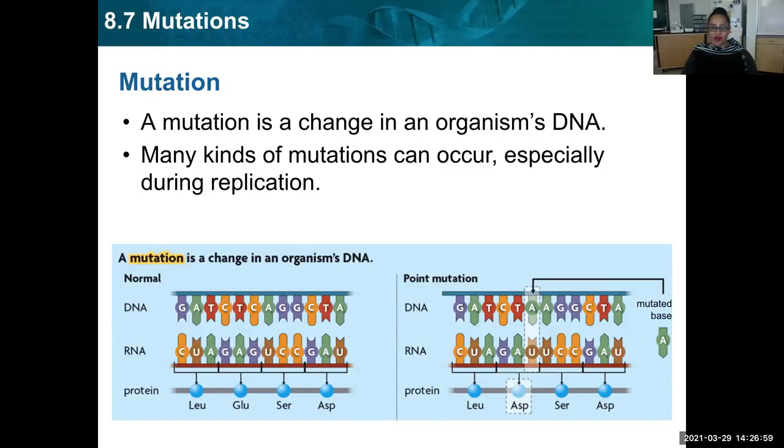Replication is that process we talked about a few weeks ago, where the DNA replicates itself right before mitosis. So the cell can get split and pass on a full complement of information, a full genome, to the daughter cell.